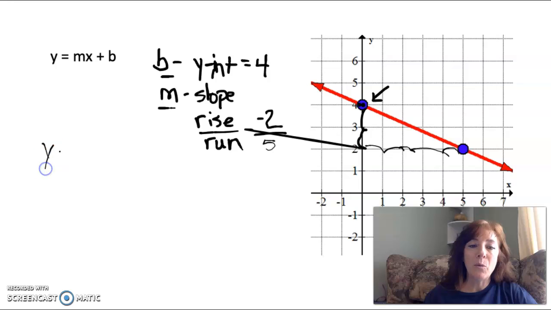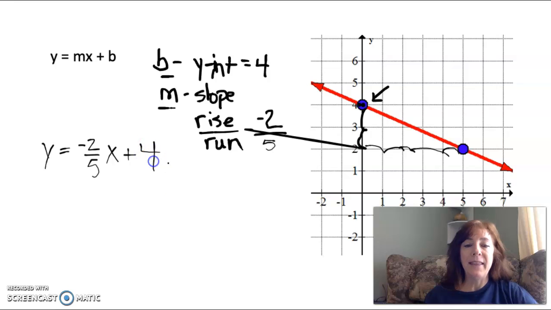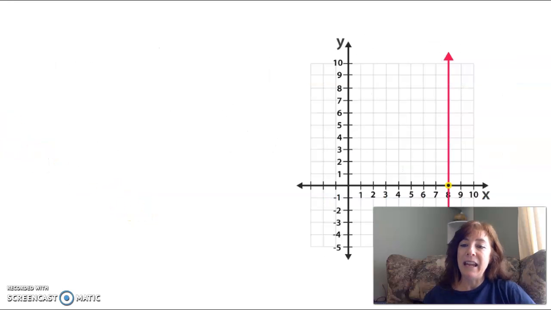So we write y equals, and we just found out that m is negative 2/5, and we keep our x, and we found out that our b, our y-intercept, is the number 4, and that is the equation of our line.